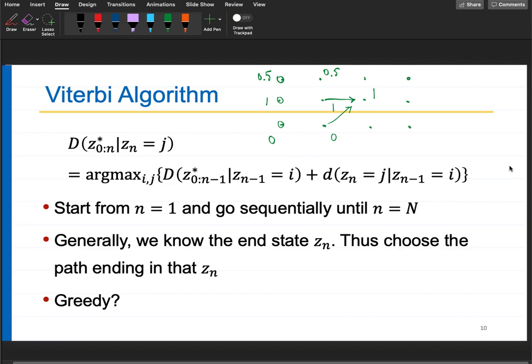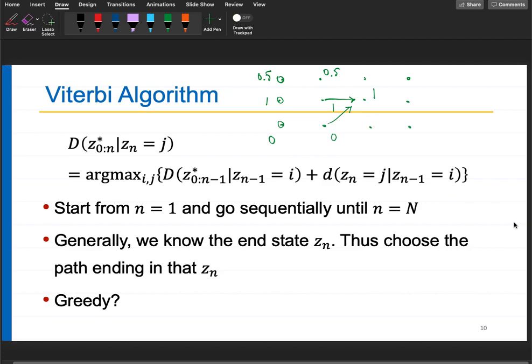So for one node, there's only one optimal path. If there are k nodes in one layer, then there are only k optimal paths. So if you are tracking k optimal paths, then there is no need to track any other path. Yeah, maybe your argument seems good. I will look back into it.